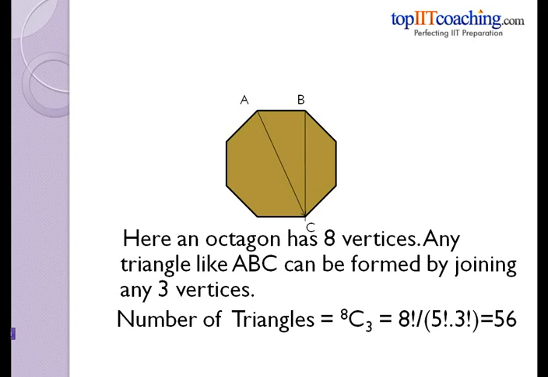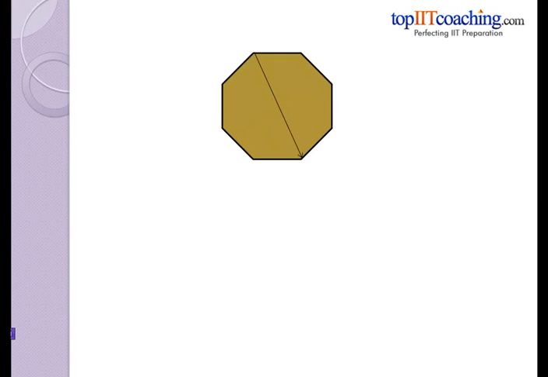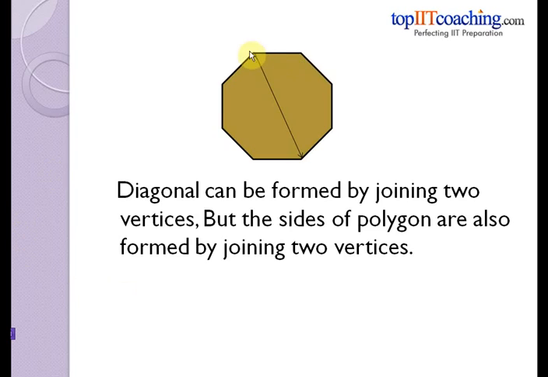Now let's look at the second part of it. Here we have to find the number of diagonals. Now what we see is, a diagonal can be formed by joining any 2 vertices, but we also see that the sides of a polygon are also formed by using 2 vertices. That is to say, this side, this side, this side, this side and so on are formed by using 2 vertices of any polygon.